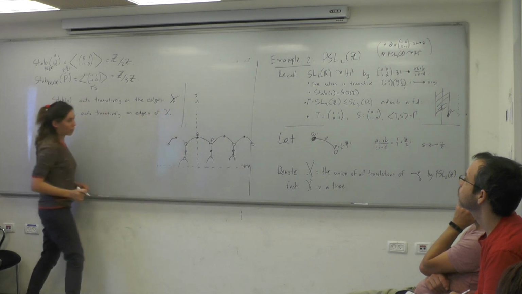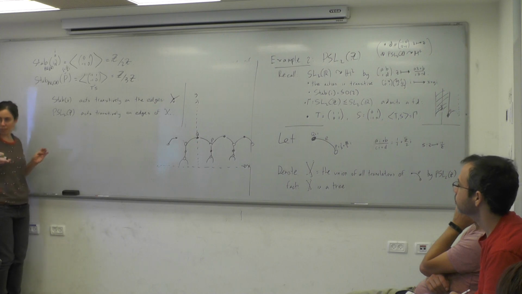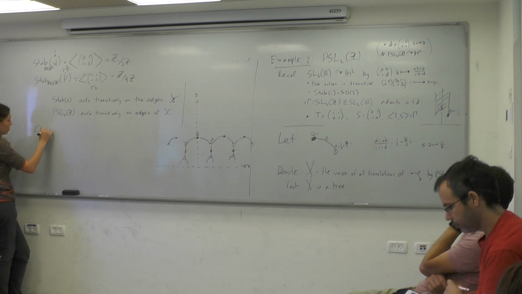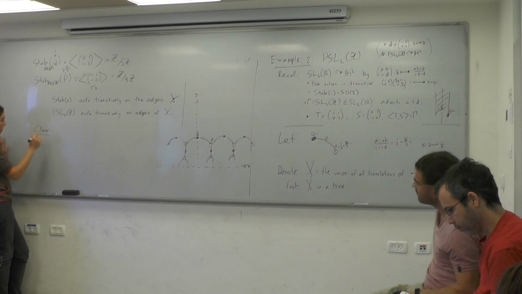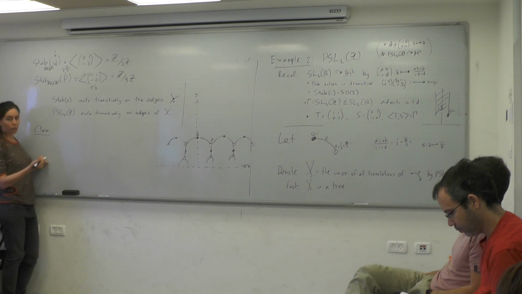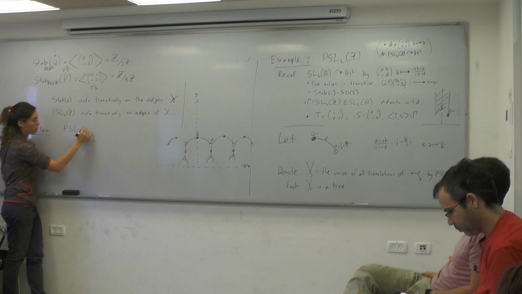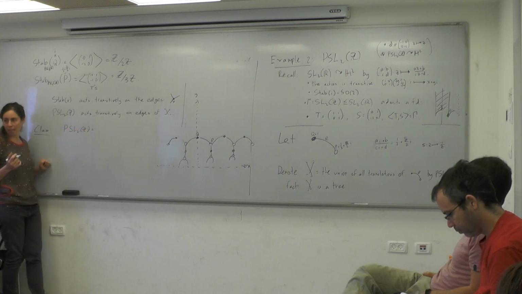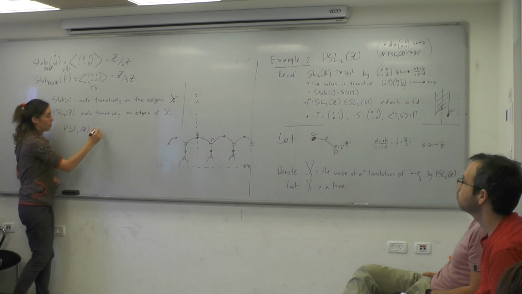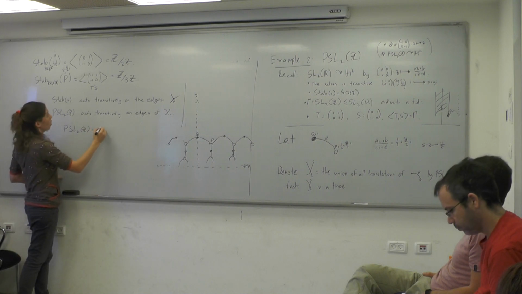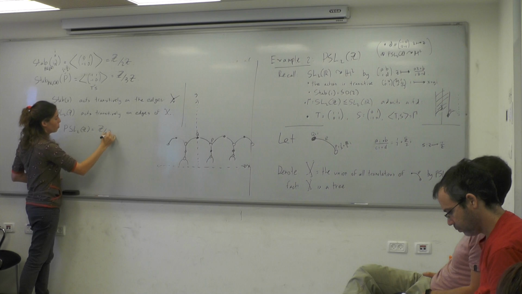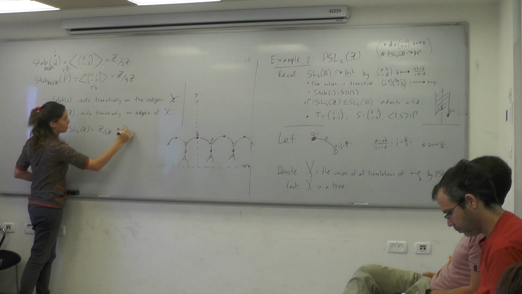Okay, now what is the hidden claim here? What is the punchline? What do we want to say? We want to observe that our group PSL2Z is actually the amalgamated product of Z mod 2Z times Z mod 3Z.